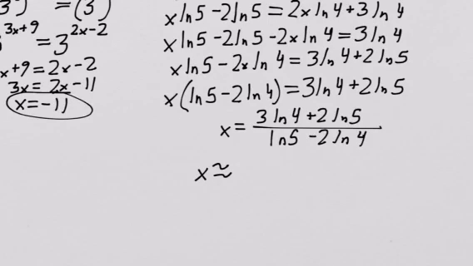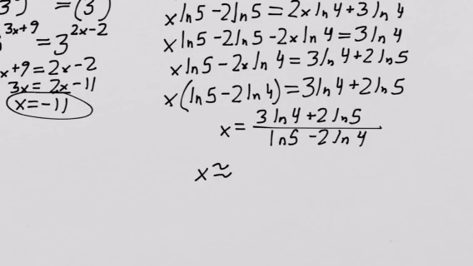So get x is approximately equal to, don't forget my parentheses here, 3 ln 4 plus 2 ln 5 divided by ln 5 minus 2 ln 4.